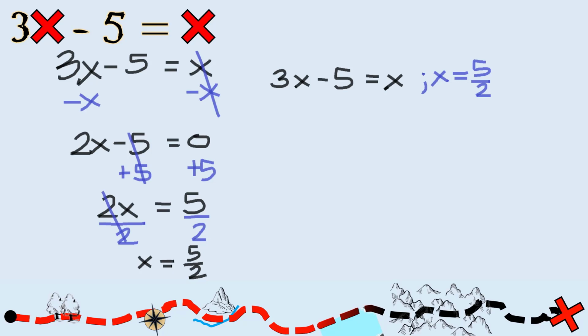But since our unknown has a fractional value, you really need to remember the correct operations involving fractions. And here comes the step. 3 times x, which is 5 halves, minus 5 equal to the value of x, which is 5 halves.